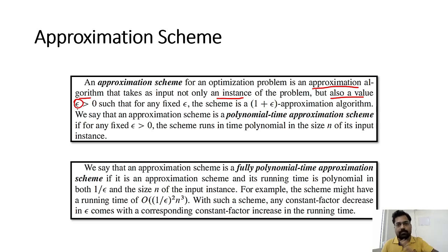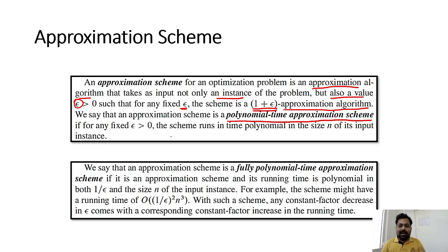Another thing they have introduced, which is fixed, is epsilon. At that time we can say it is a 1 plus epsilon approximation algorithm. That scheme is called a polynomial time approximation scheme.